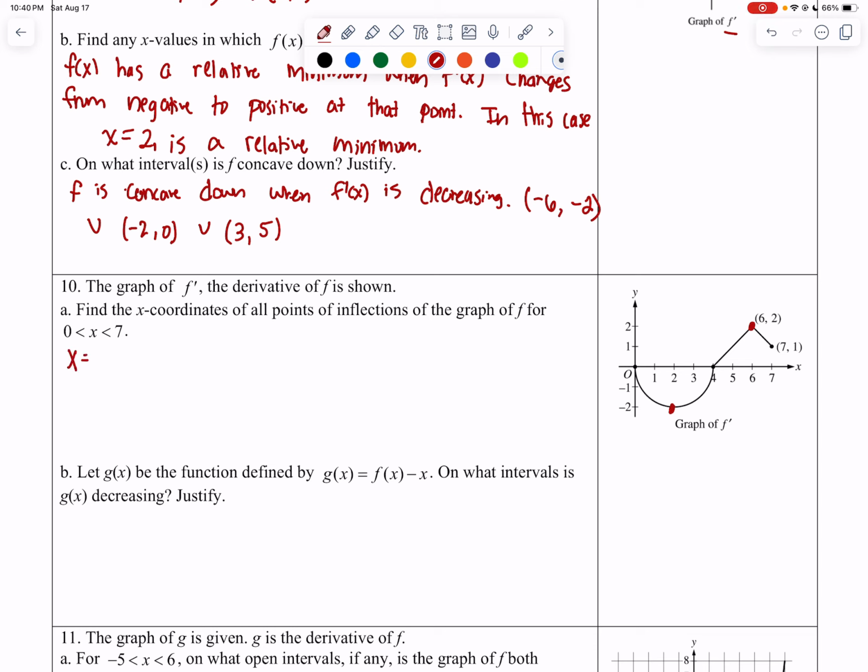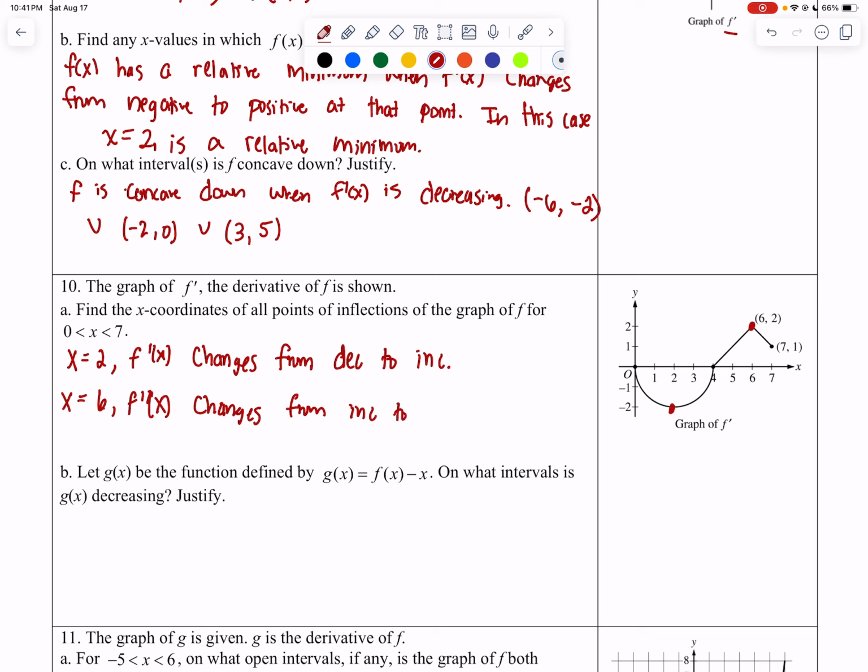So at x is equal to 2, f prime of x changes from decreasing to increasing. And then at x is equal to 6, f prime of x changes from increasing to decreasing.